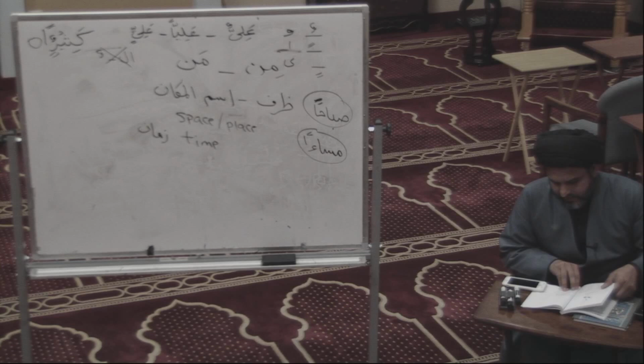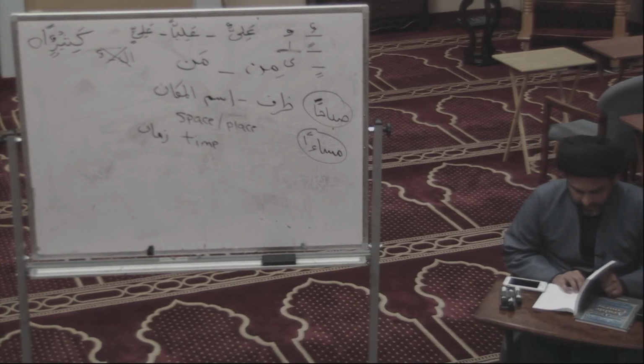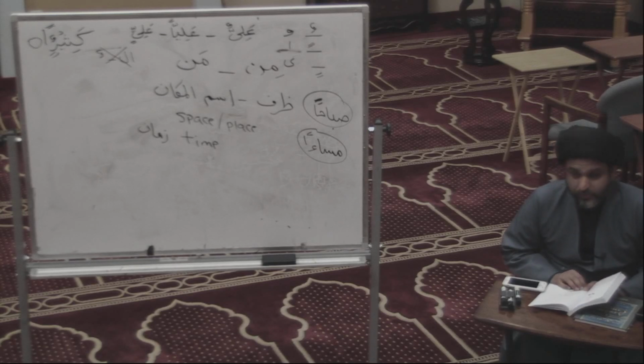You say هذا الكتاب لمحمد. So number one would be لمن هذا القلم، هذا القلم لعباس. Okay, let's do number two. You do number two.